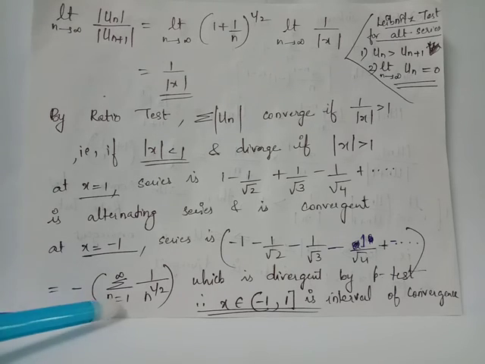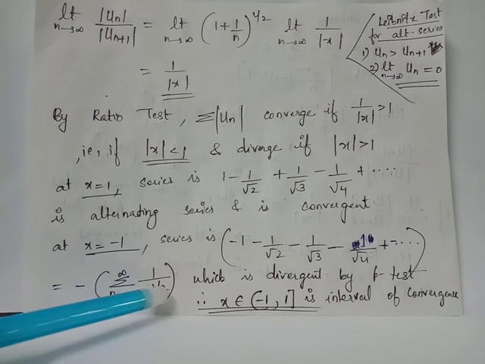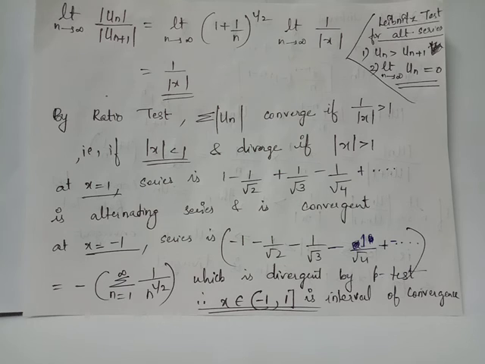This series is of the form summation 1 by n raised to p. Whenever we have p strictly greater than 1, the series will converge, but here we have p equals 1 by 2. Since p is strictly less than 1, we will conclude that by p test this series will diverge.